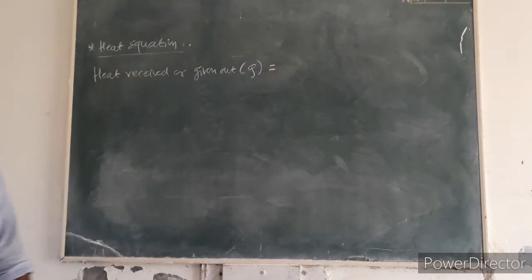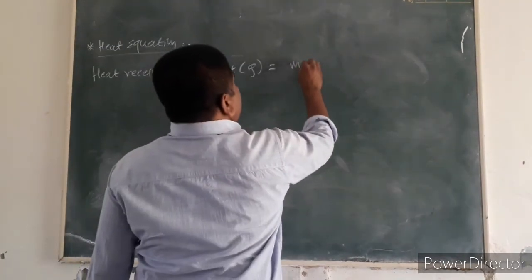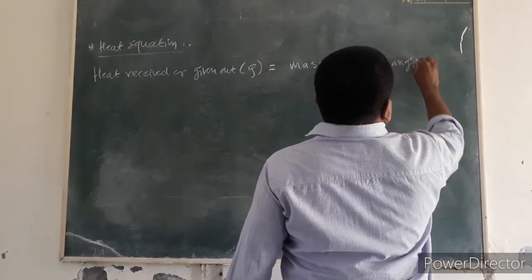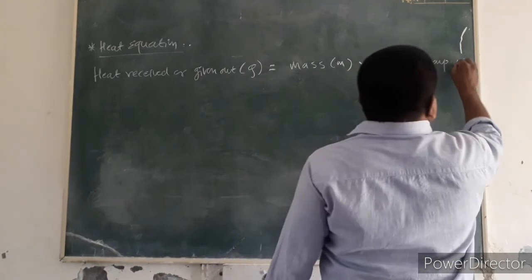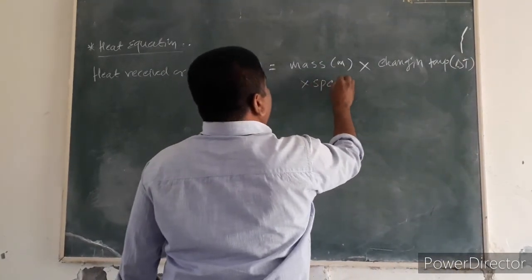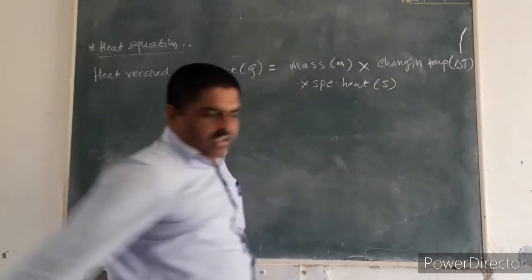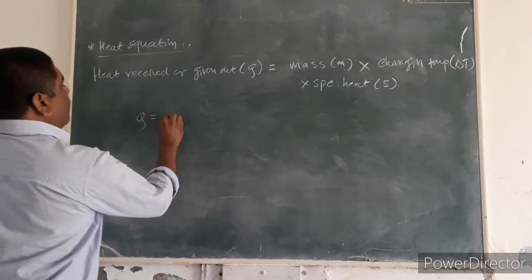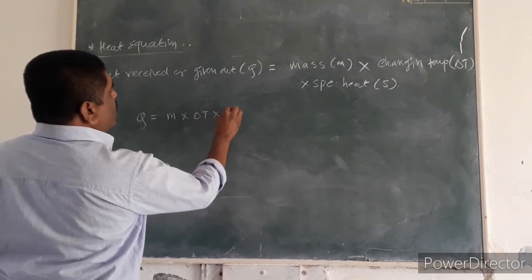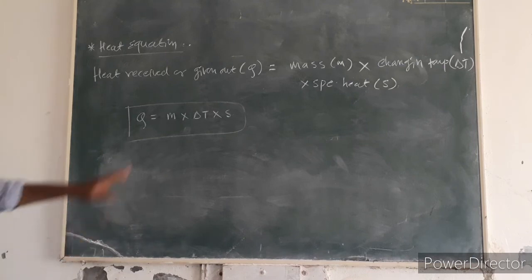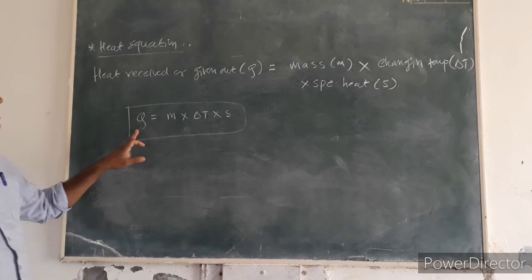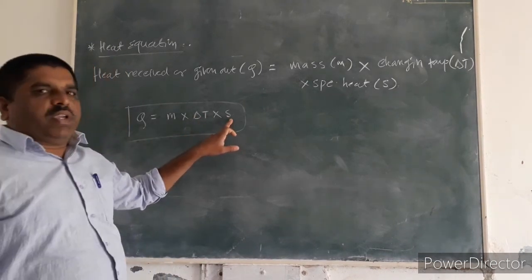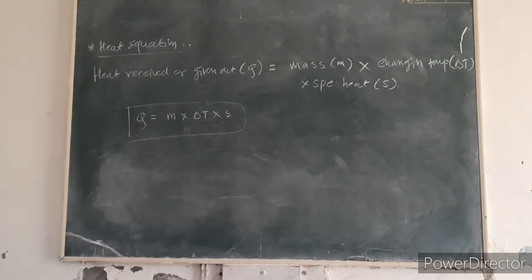Suppose Q is the heat received or given out, then Q is equal to mass of substance, that is M, into change in temperature, that is delta T, and into specific heat capacity S. Therefore, the heat equation is given as Q is equal to M into delta T into S, where Q means heat or quantity of heat, M means mass of substance, delta T means change in temperature, S means specific heat capacity, and this relation is called heat equation or heat relation.